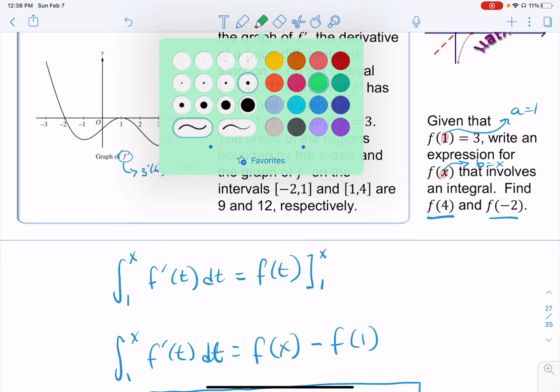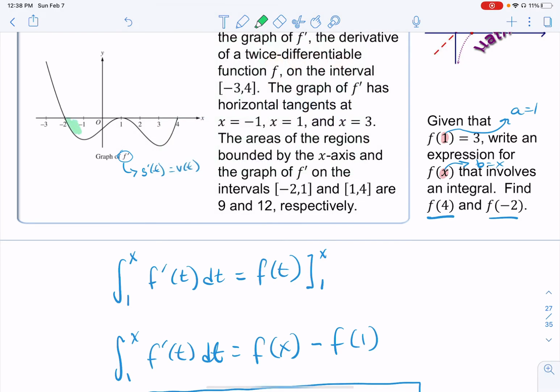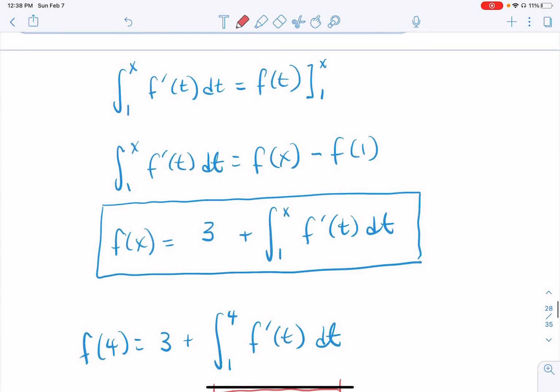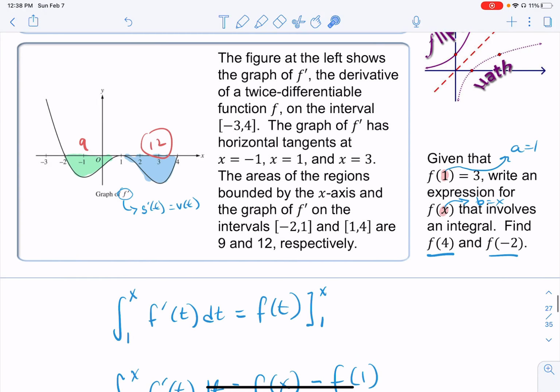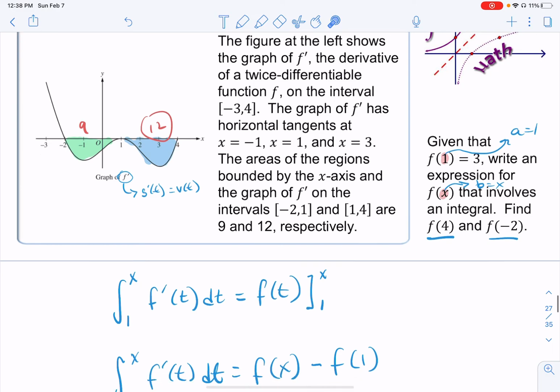Let's say I choose green, because this part that's over here, they said the area is a 9. So that part's a 9, and then maybe change the color here to a blue, and the area over here is supposed to be a 12. And that's the one that we want because it says we want the definite integral from 1 to 4. We want the area of this curve from 1 to 4.